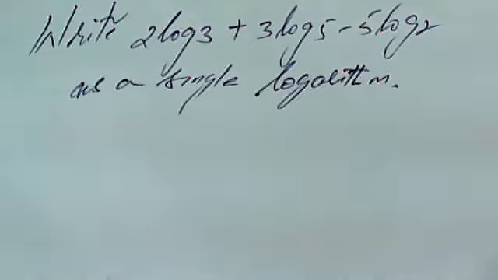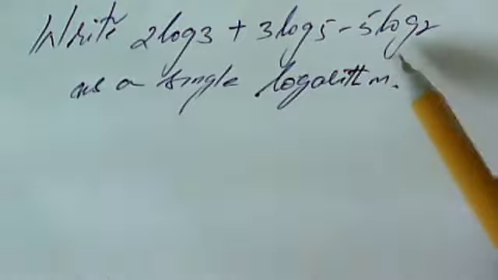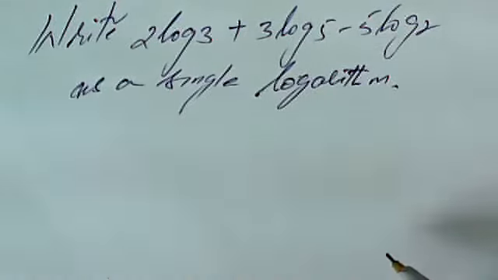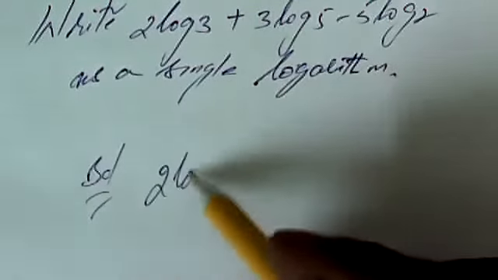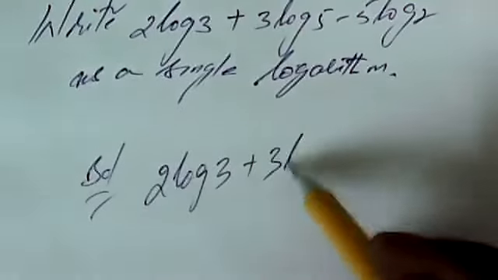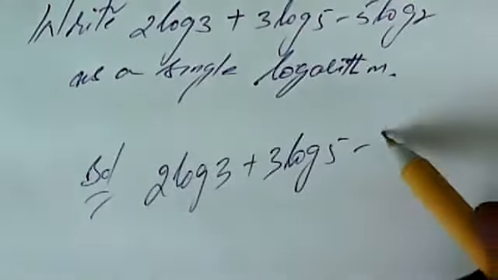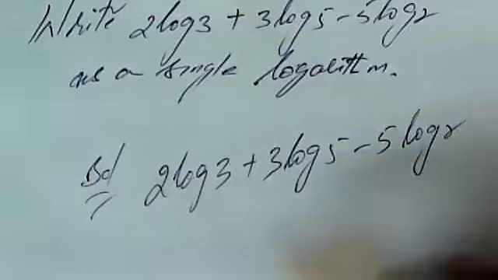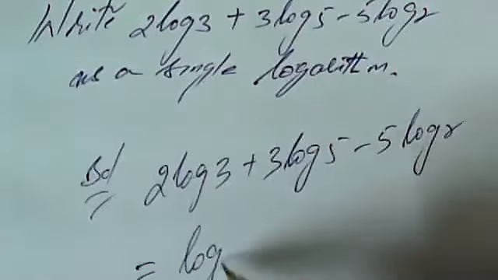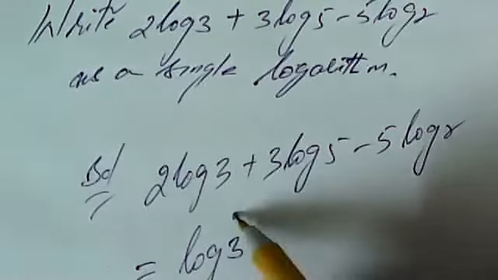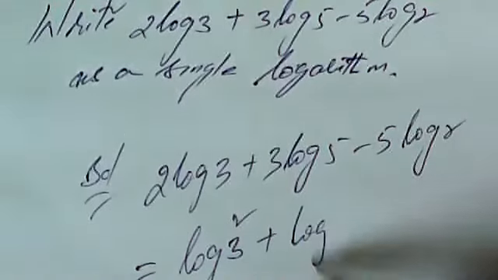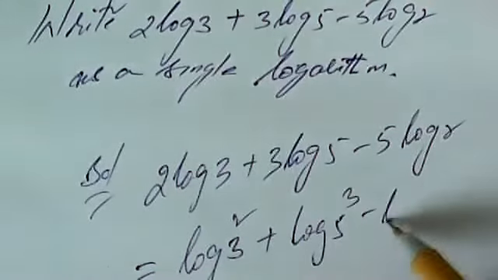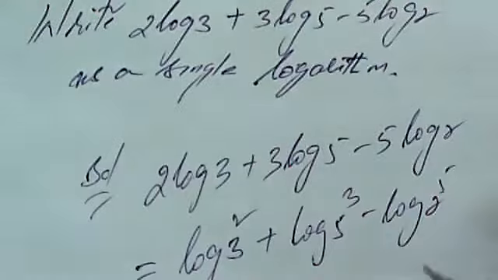Now let's look at one more problem. Write 2 log 3 plus 3 log 5 minus 5 log 2 as a single logarithm. So very easy. How? 2 log 3 plus 3 log 5 minus 5 log 2 can be written as log of 3 square plus log of 5 cube minus log of 2 power 5.